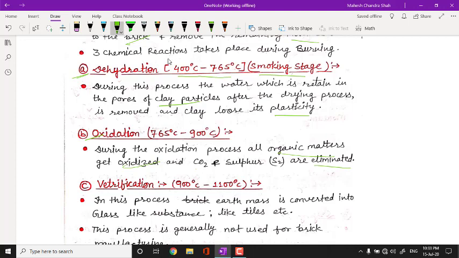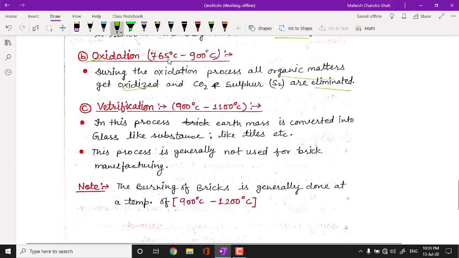Last process includes vitrification, which takes place at 900 degrees Celsius to 1100 degrees Celsius. In this process, the brick or the earth mass is converted into a glass like structure, like tiles, which means it gains its strength and its firm structure.